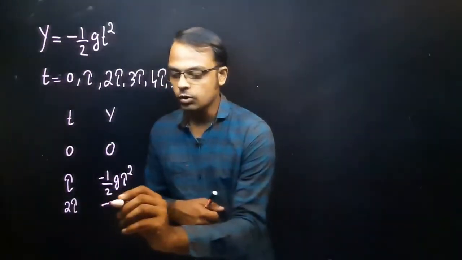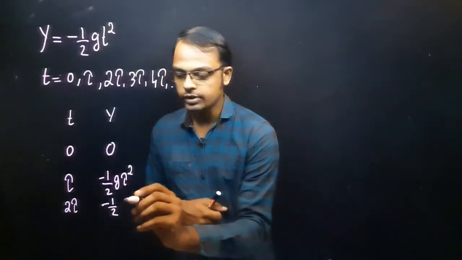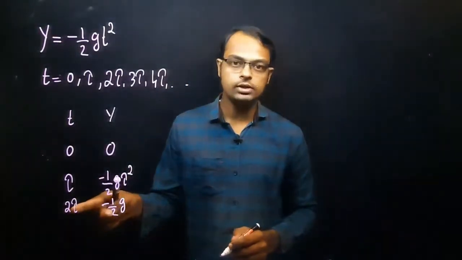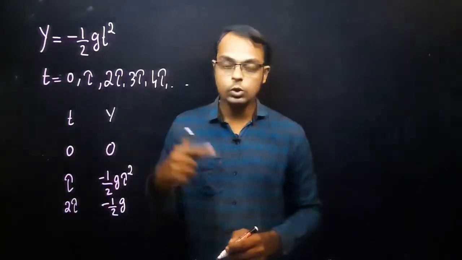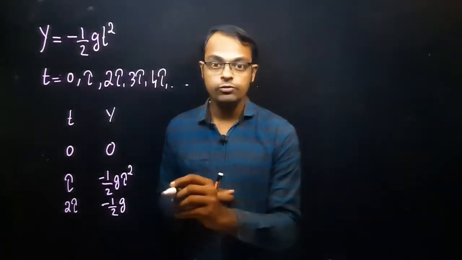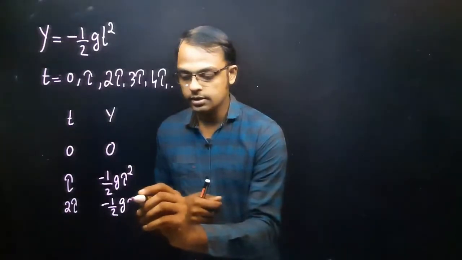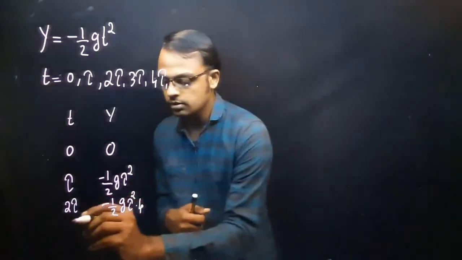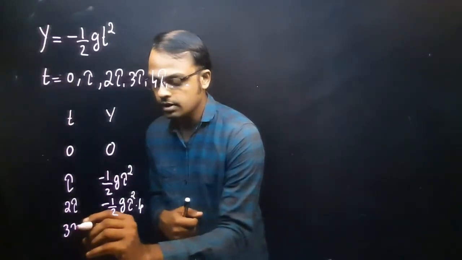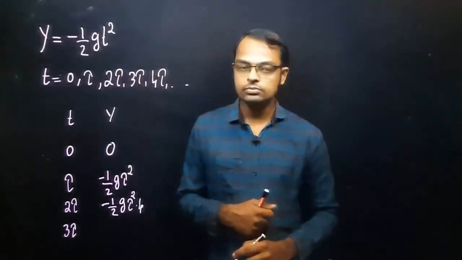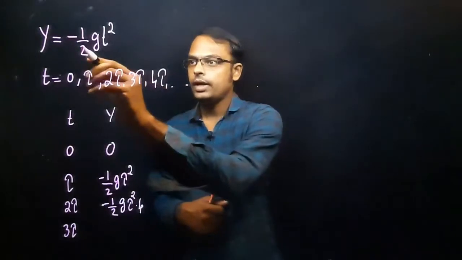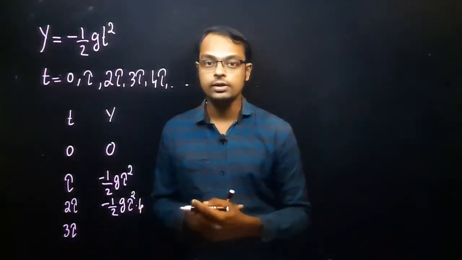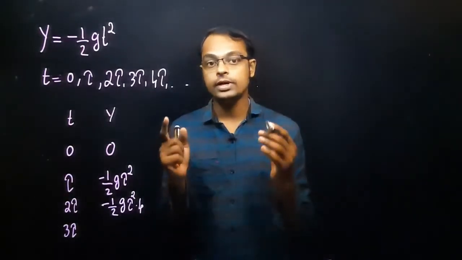The equation becomes minus half into g into, now instead of t we substitute 2 tau square. 2 tau square means 4 tau square. So minus half g tau square into 4. Next, when the time is 3 tau, we substitute 3 tau whole square, which is 9 tau square.